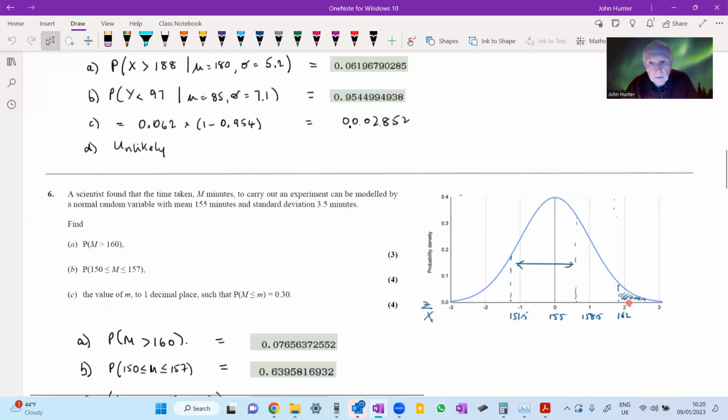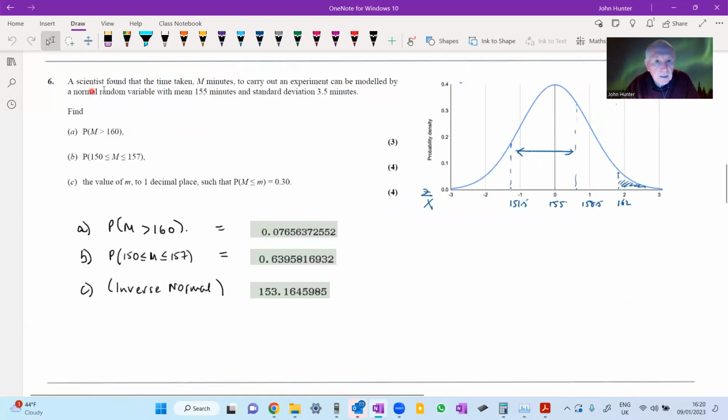Right, okay, let's move on to this one. A scientist found that the time taken, m minutes, to carry out an experiment can be modeled by a normal random variable with a mean of 155 and standard deviation 3.5 minutes. Find the probability that the time is greater than 160 minutes. Well, we've drawn it on here, and I've marked that.